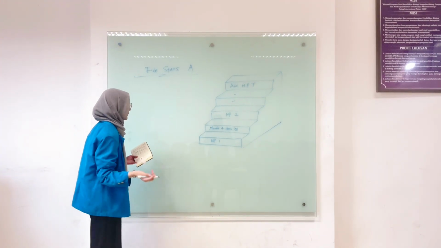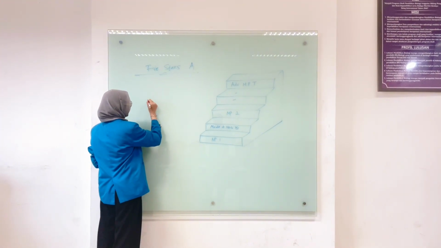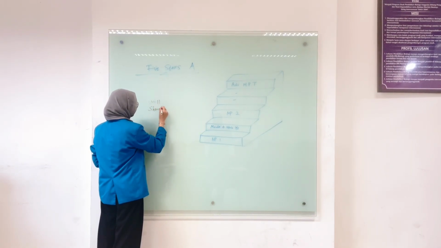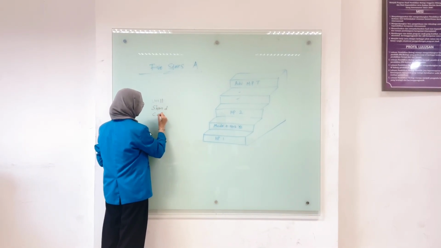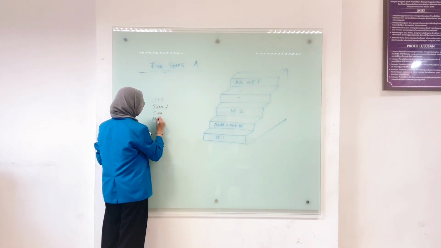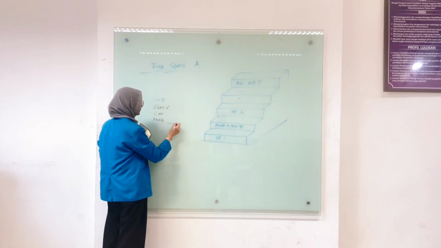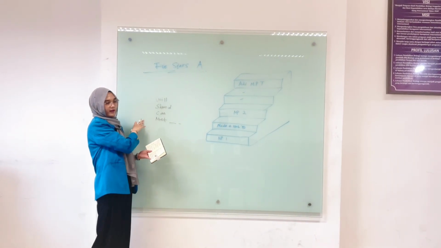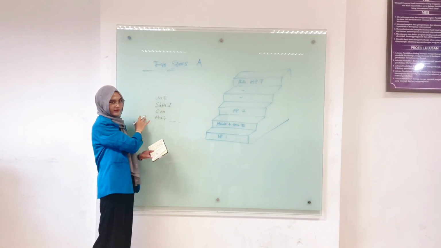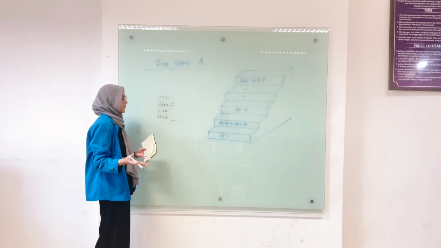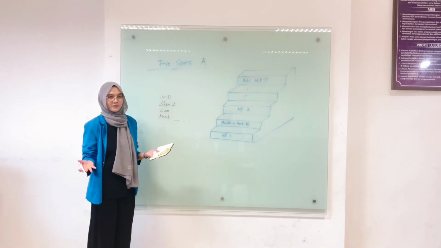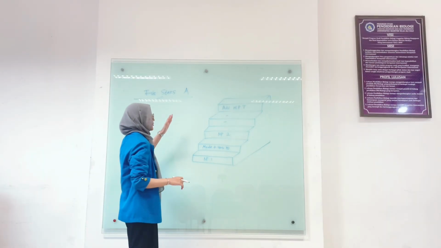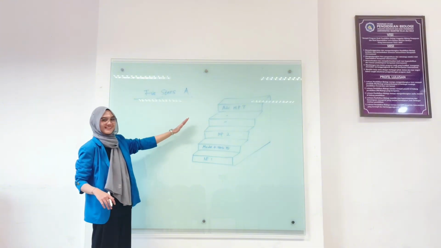There are types of modal auxiliaries like will, should, can, must, etc. These words have different functions, but when you construct a sentence, we use the same formula. So to make it easier, we use these stairs.